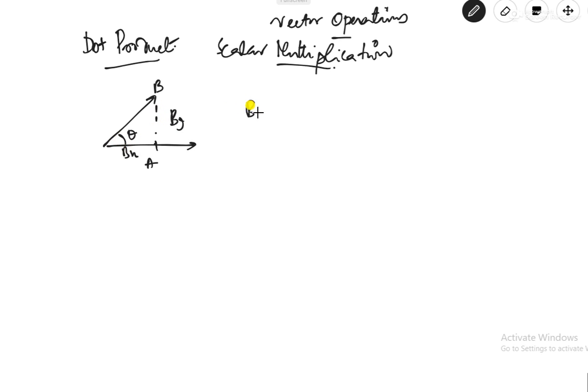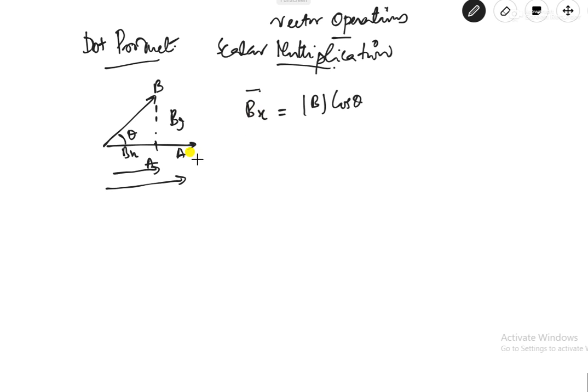So bx is equal to magnitude b into cos theta, because these are the components of b. So these two vectors are in the direction of A and B. This is A and this is bx.